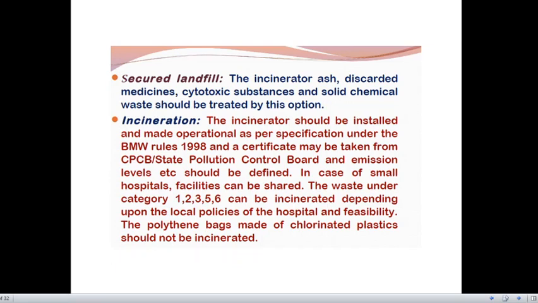In case of small hospitals, facilities can be shared with other hospitals also. The waste under categories 1, 2, 3, 5 and 6 is incinerable, depending upon the local policies of the hospital and feasibility. Polythene bags made of chlorinated plastics should not be incinerated, especially polyvinyl chloride, as this is a carcinogen.